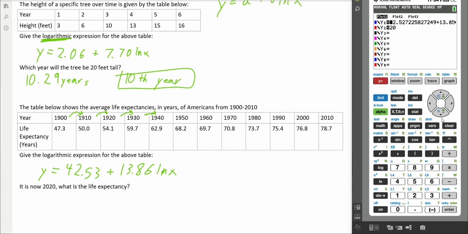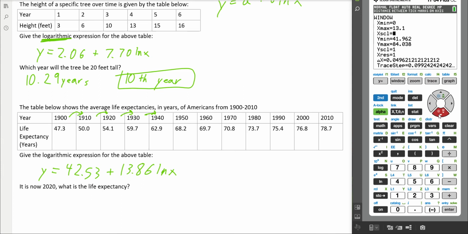Then I'm going to just delete my previous value. I'm going to press zoom 9, that's zoom stat. Okay, and it's going to do something like this. I'm just going to change this so that it kind of makes sense. And yeah, let's see if I can just make this a 5, just so it's a round number.